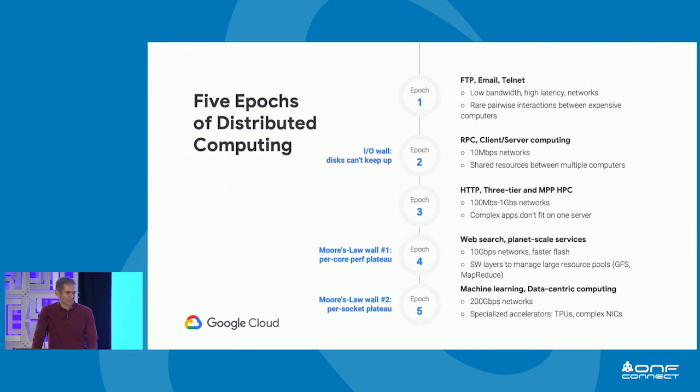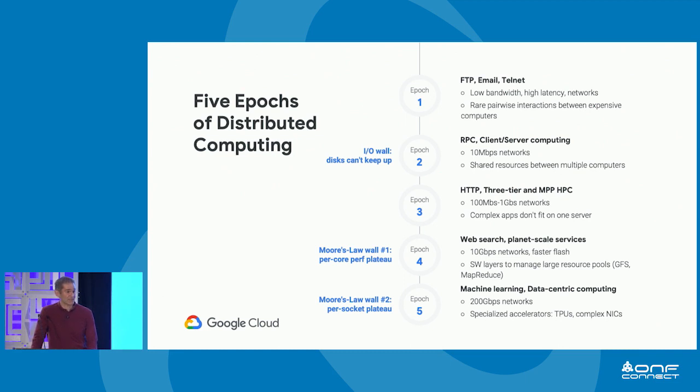The first epoch started roughly around the time of the birth of the internet. So think of it as early to mid-70s. This is when distributed computing was about FTP, email, and telnet. We had low bandwidth, high latency networks. It was about 56 kilobit per second leased lines. By the end of this epoch, we had T1 lines coming along.